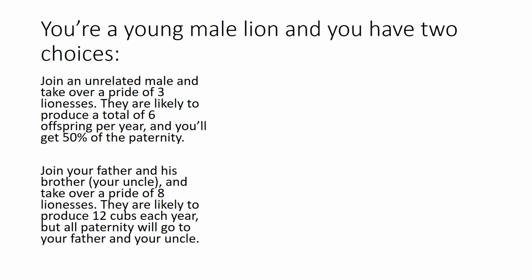Let's look at what happens when you decide to join your uncle and your father now. And now let's assume that these 12 cubs are split 50-50 between your father and your uncle. So we've got the relatedness factor times the benefit to the offspring of whoever you're related to, minus the cost to your own number of offspring, and I always write equals here.